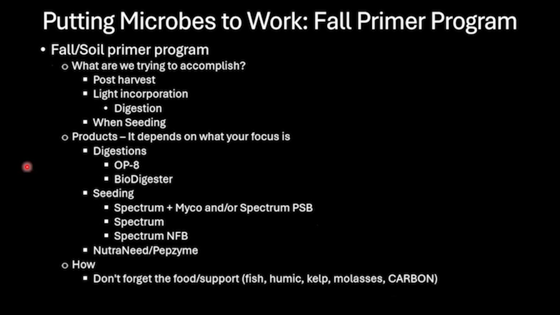A lot of times we look at this to speed up digestion, to break down that environment, again, putting those microbes in an environment where they actually can do their job. Sometimes I look at that when we start to implement these practices of utilizing, for example, biodigester in the fall. Depending on when the corn comes off, obviously, if it's late winter and the ground is frozen, this probably doesn't make a lot of sense. Microbes need liquid water.